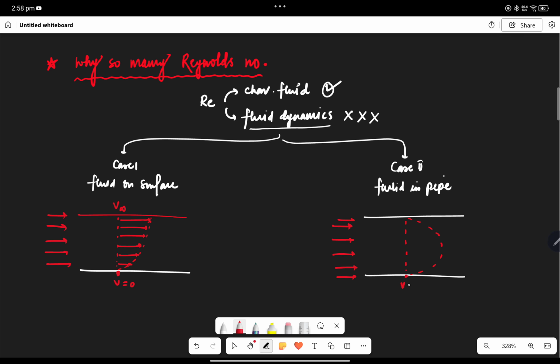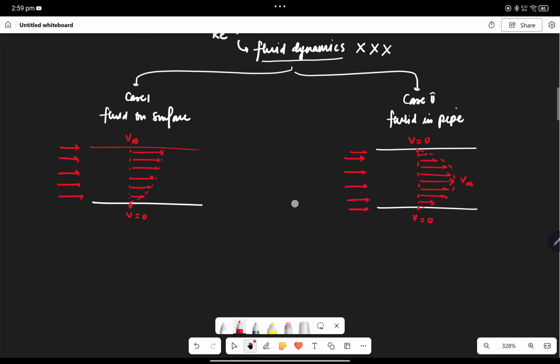Because at this point the velocity is going to be 0, because the fluid is in contact with the surface. Here it is also the same scenario, and at the middle it is going to be maximum, right? So we are going to get this type of profile. Now you can see that in both cases the fluid dynamics is different, inside a pipe and on the surface when the fluid is flowing. Because of this, there are two types of Reynolds number.